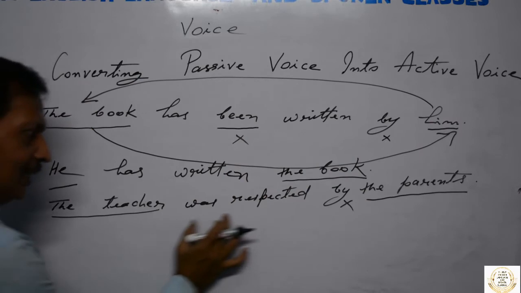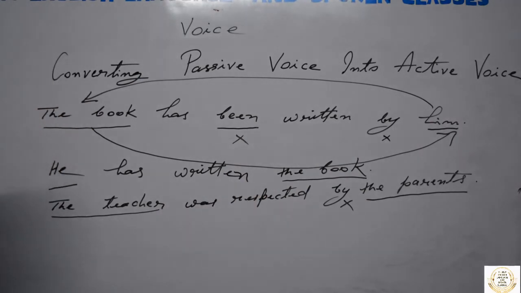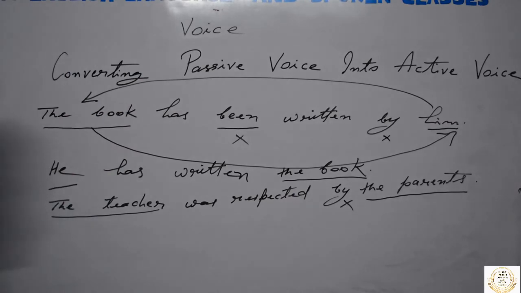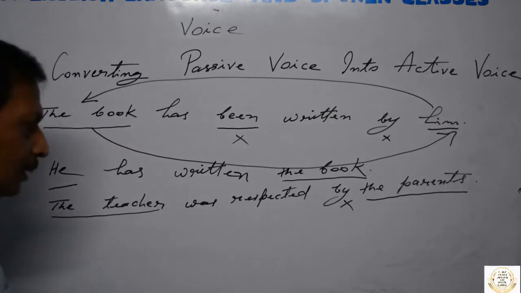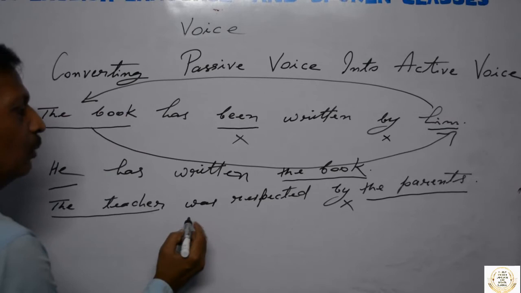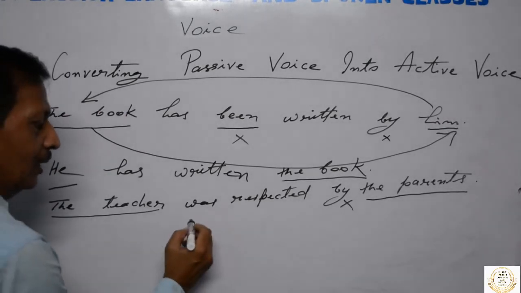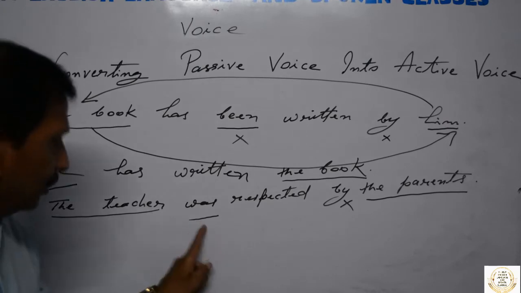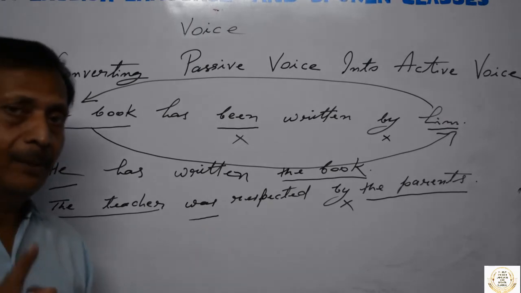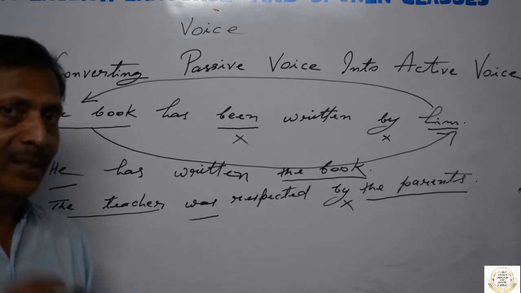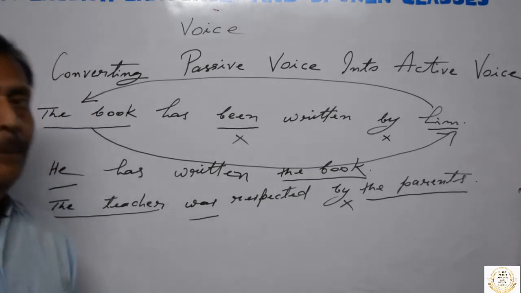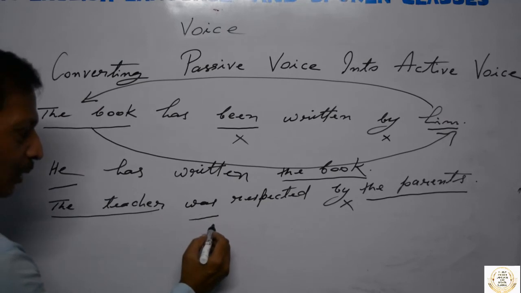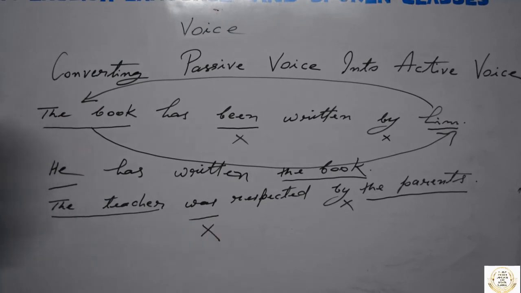Which tense is it? The teacher was respected. If you carefully study, if you remember, you will realize the especially used word here is was. And this word is used for simple past tense when active voice is changed into passive. That means this word also will be removed.